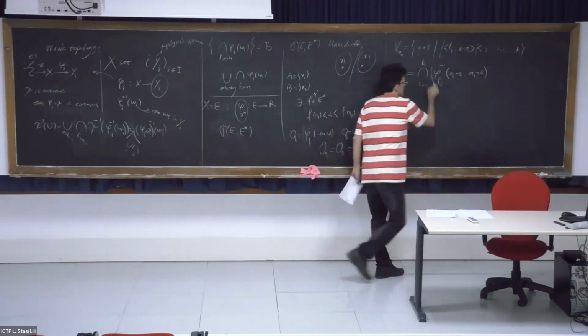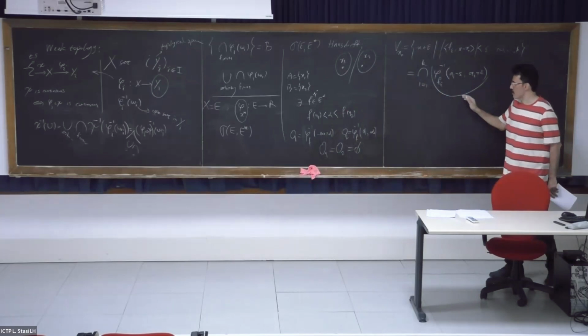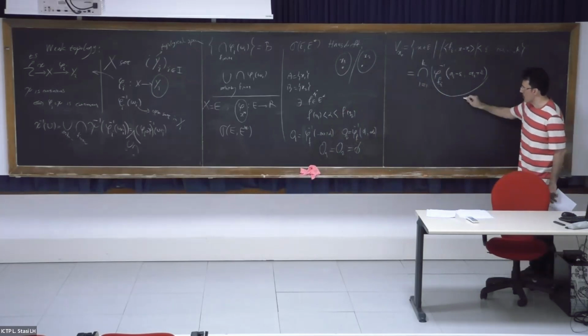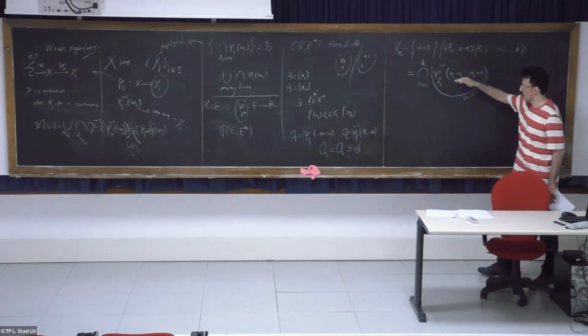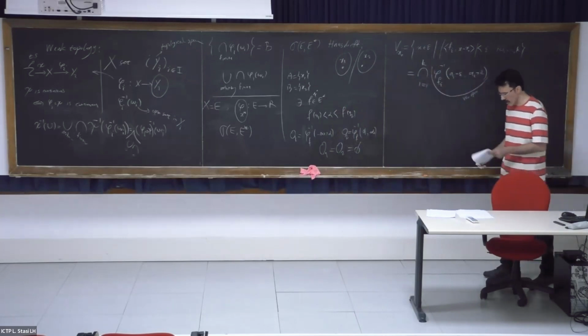So, as you remember, this one is weak open, and the finite intersection of open sets is open.